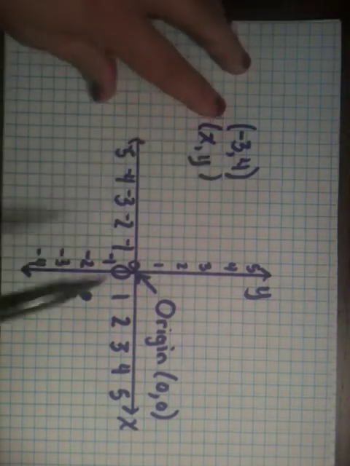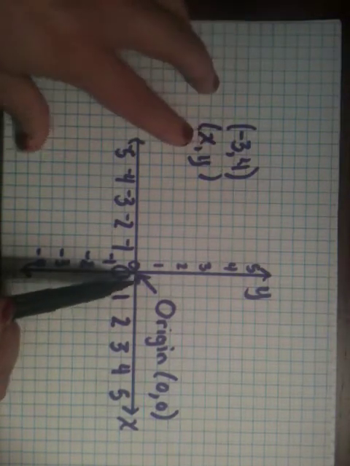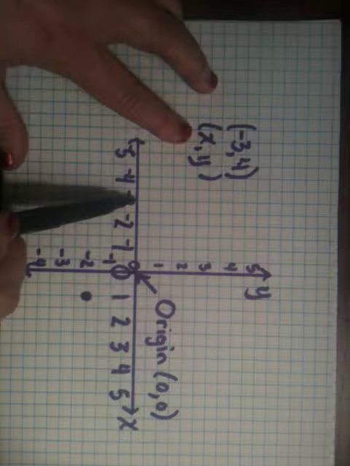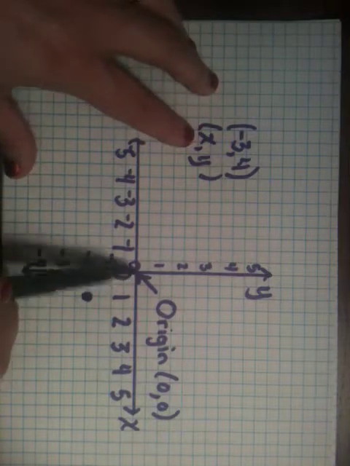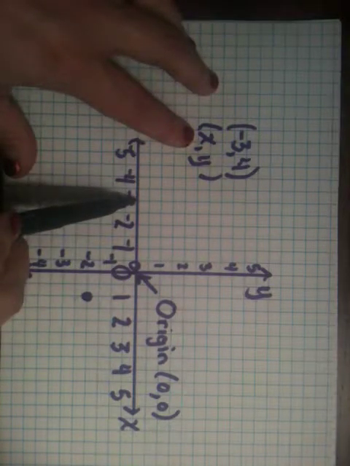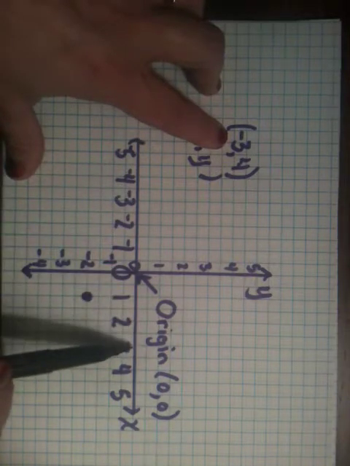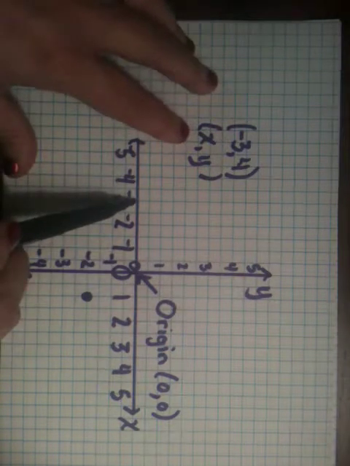So we're going to start at the origin, travel along the x-axis to the -3, and I'm not going to write anything down yet because I have not finished following the directions on how to get to this point. All I've done is travel on the x-axis to -3. Had that been a +3, we would have traveled to the +3 on the x-axis. Since it's a -3, I started at the origin and traveled to the -3.